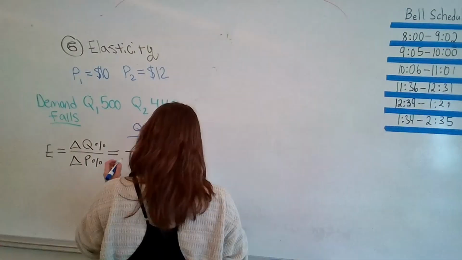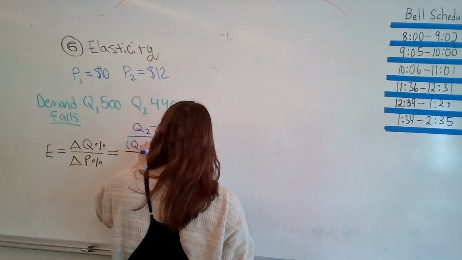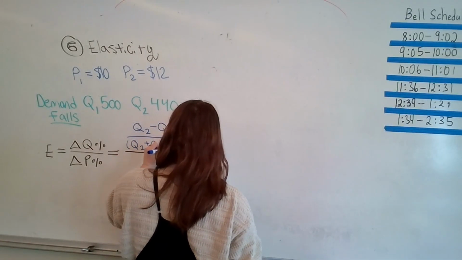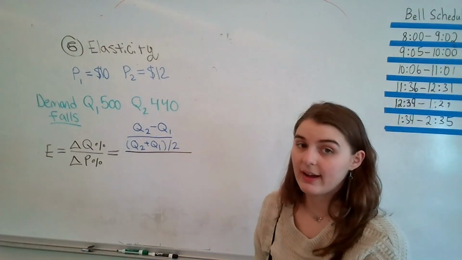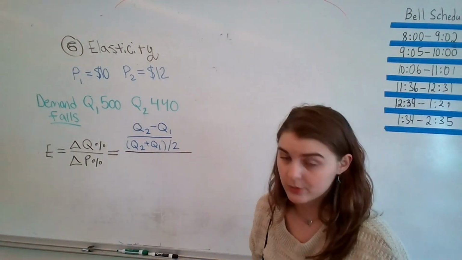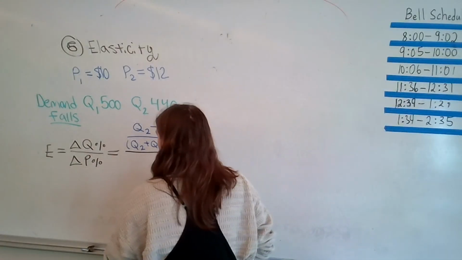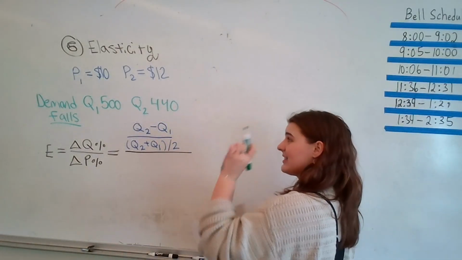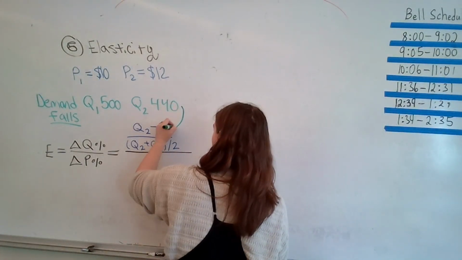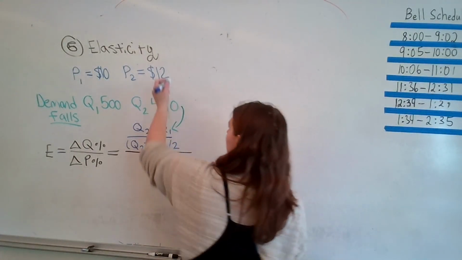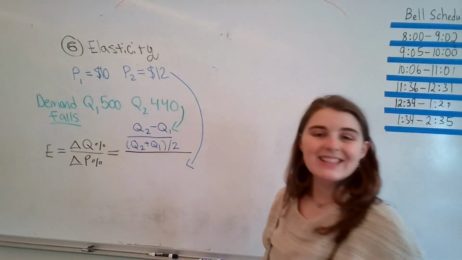We have two things, quantity 1 and quantity 2, so we divide by 2. If we had five quantities, we'd divide by 5. If we had quantities up to 20, we'd divide by 20. We do the exact same thing for price.